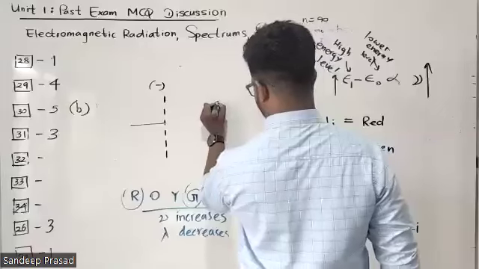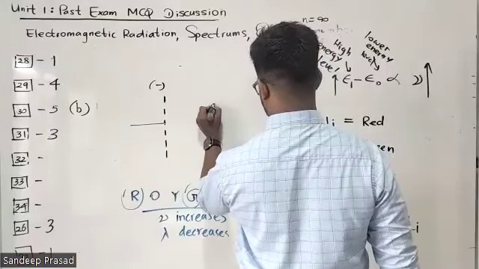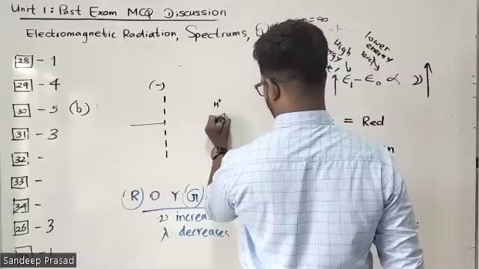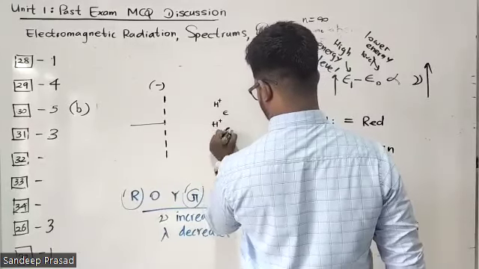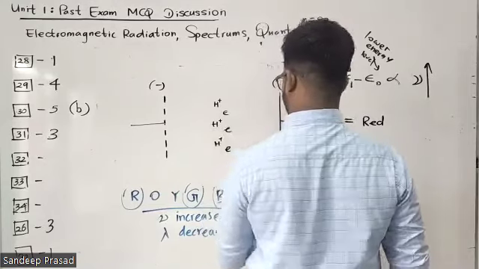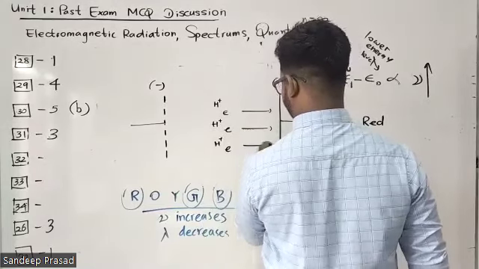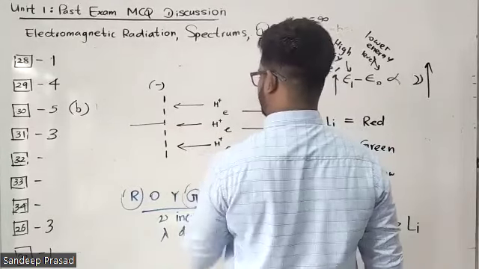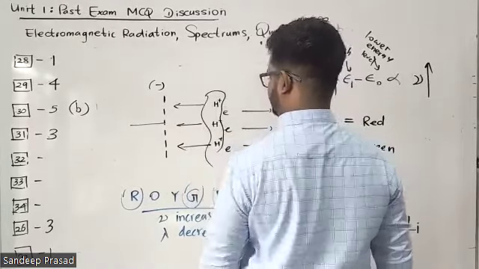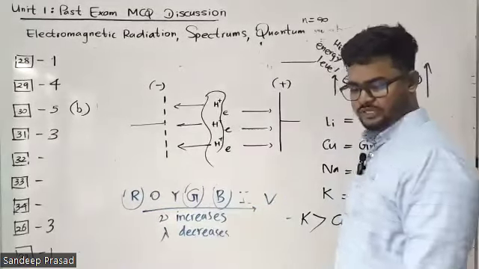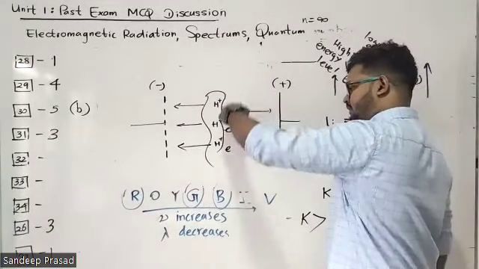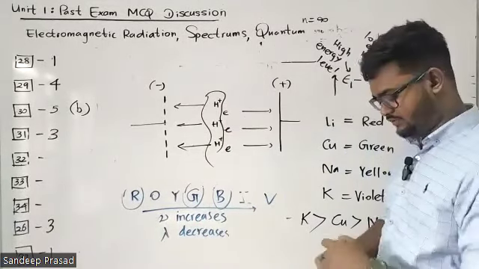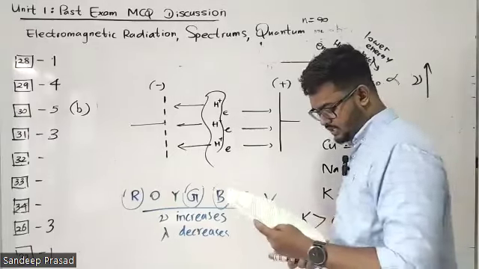When we inject hydrogen molecules, hydrogen is forming H plus and electrons. The electrons are traveling towards the positively charged one. H plus is moving towards the cathode. These are the protons, so these protons actually originated at the middle of the cathode ray tube. So therefore, that is wrong.